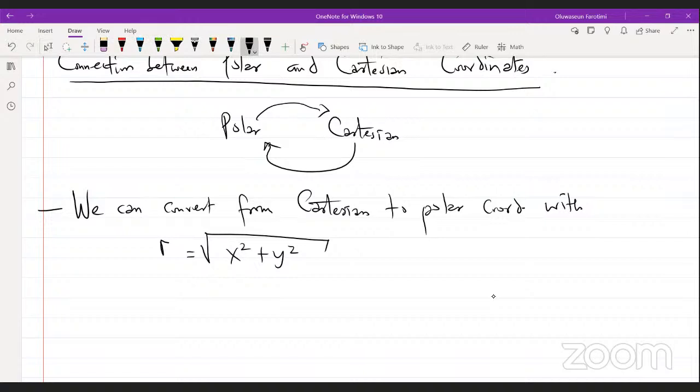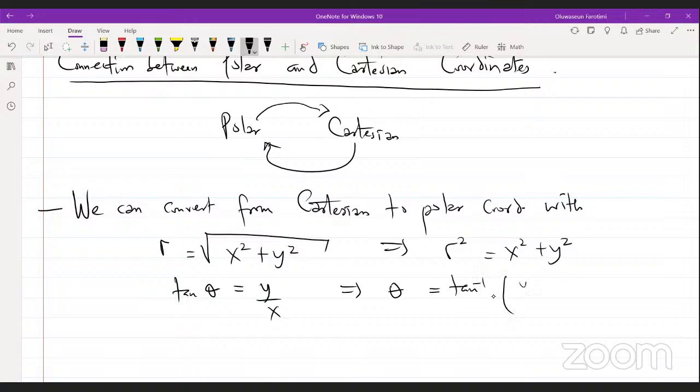If I want to get rid of this square root, I square both sides, so you have r squared equals x squared plus y squared. And then you use tan of theta equals y over x. That means my theta is the inverse tan of y over x, or what we call the arctan.